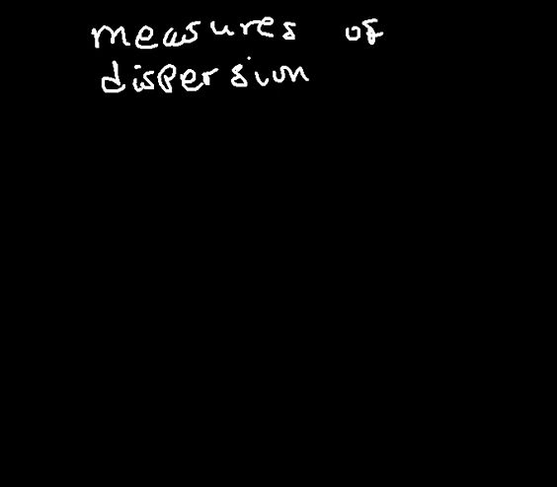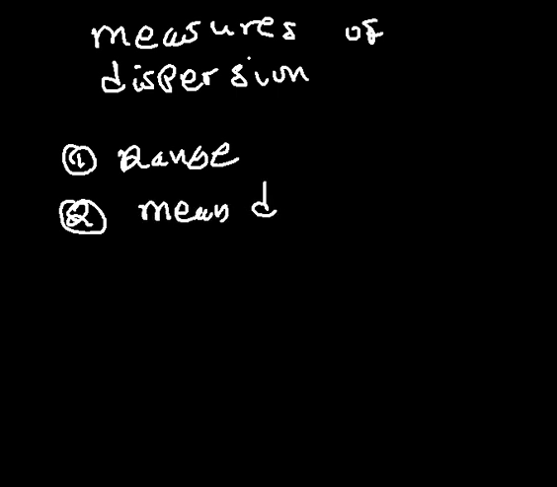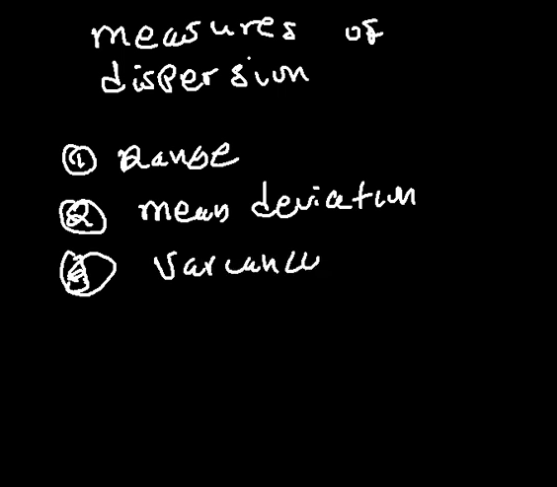So what are examples of the parameters that explain the spreadness of the given data? We have what we call the range. On the measures of dispersion, we should be talking about the range, and we should also be talking about the mean deviation. We also have another important parameter, which is the variance, and we'll be talking about what the variance is.